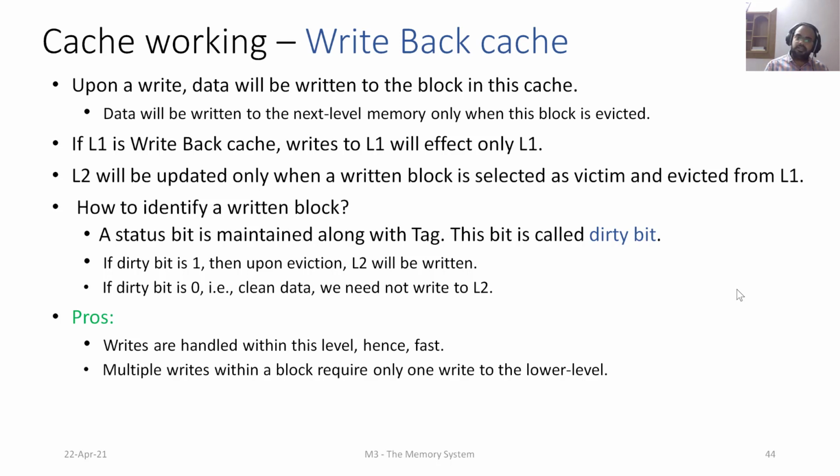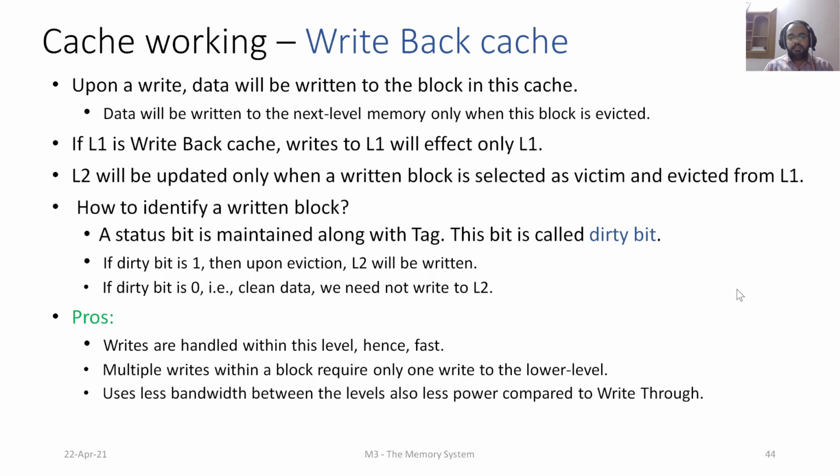So L2 is effectively seeing only one write and L1 has seen 10 writes. Accordingly, this write back cache uses very little bandwidth between L1 and L2, and whatever available bandwidth is there can be used more for the read requests. Also, because the data movement is less, the power consumption is also less when compared to a write through cache.